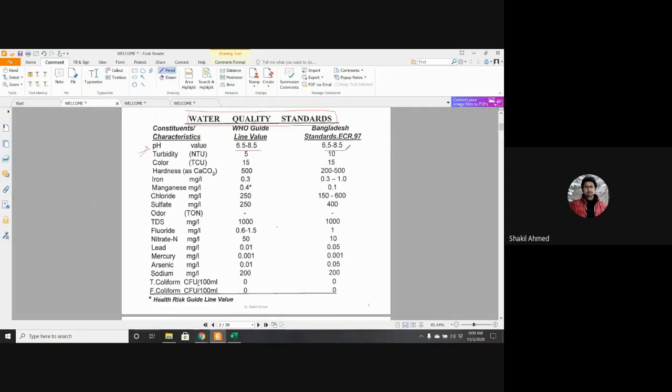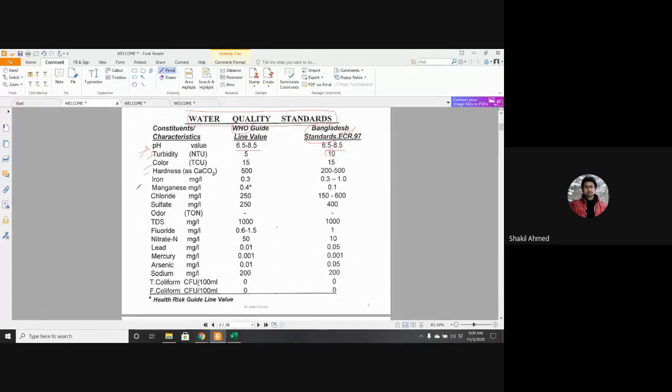This is the WHO guideline, and this is the Bangladesh standard, the Environmental Conservation Rules, ECR. Turbidity 5, 10. This is the maximum value. That means your turbidity should not exceed this. Color, hardness.